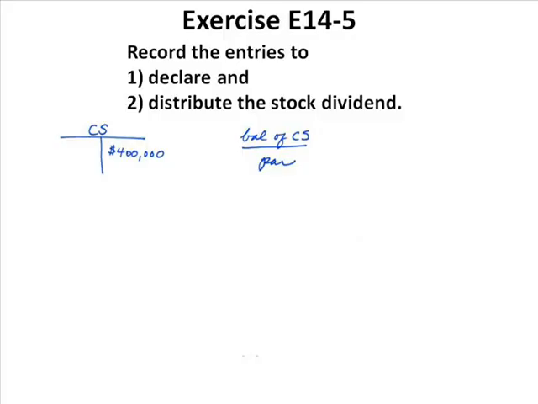If we divide 400,000 by 5, we would get authorized, issued, or outstanding? Issued. That's how they got in that account, was because they were issued. But I want to know outstanding. Well, you would subtract treasury stock, but there is no treasury stock.